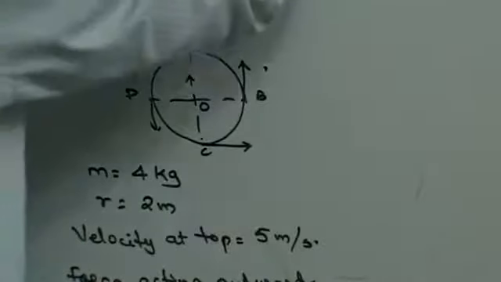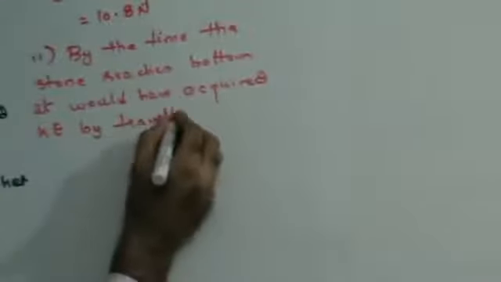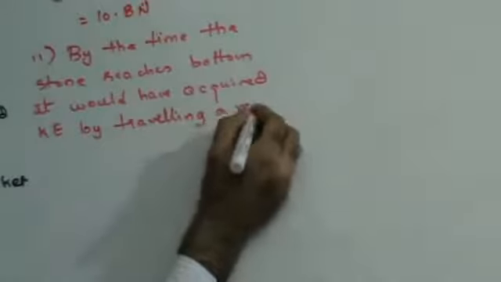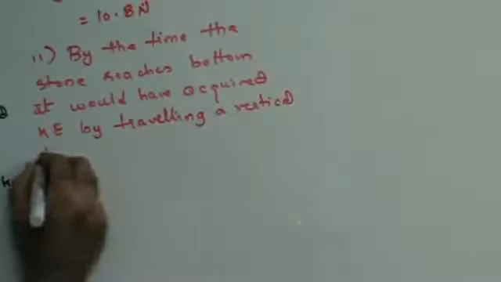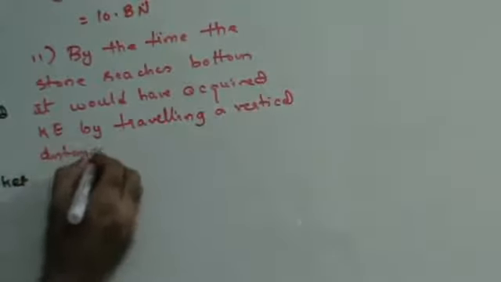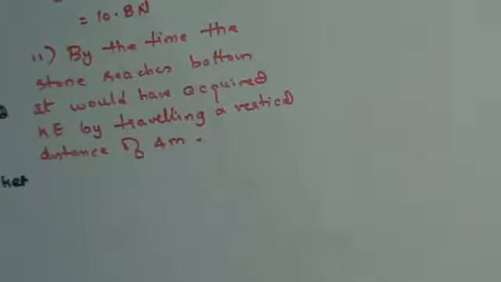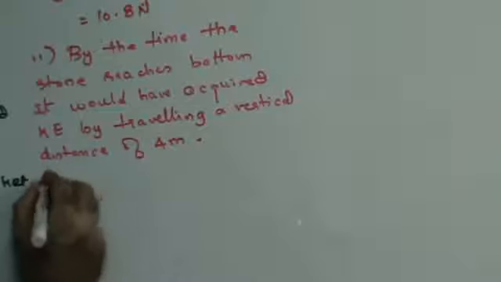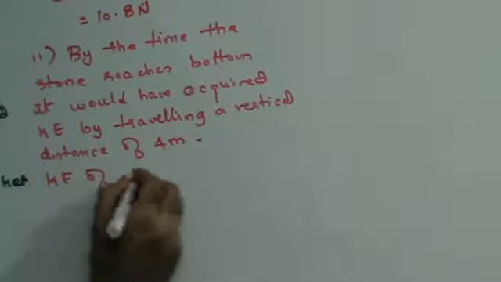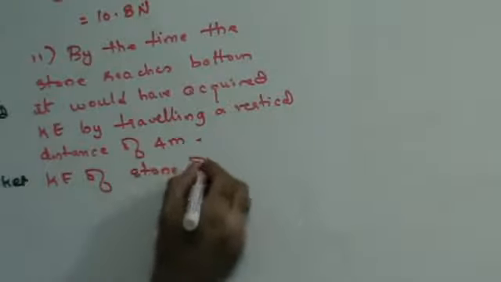It would have acquired kinetic energy by traveling a vertical distance of 4 meters. Fine, do we get this? So in that case, what will be the kinetic energy of the stone at the bottom?